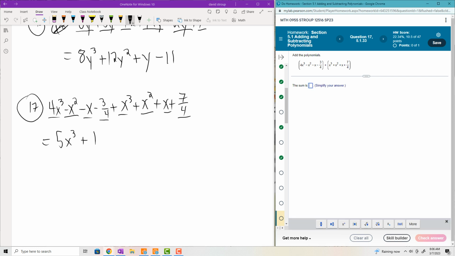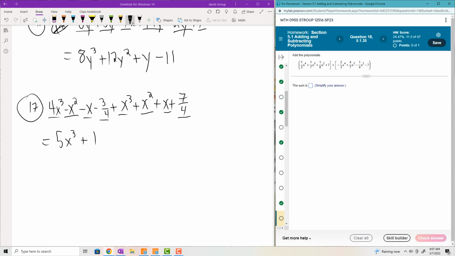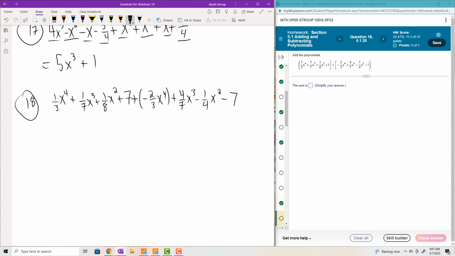So it's fairly painless. 5x cubed plus 1. Oh, more fractions, but that's no big deal. 1/3 x to the 4th plus 1/7 x cubed plus 1/8 x squared plus 7 plus negative 2/3 x to the 4th plus 4/7 x cubed minus 1/4 x squared minus 7.